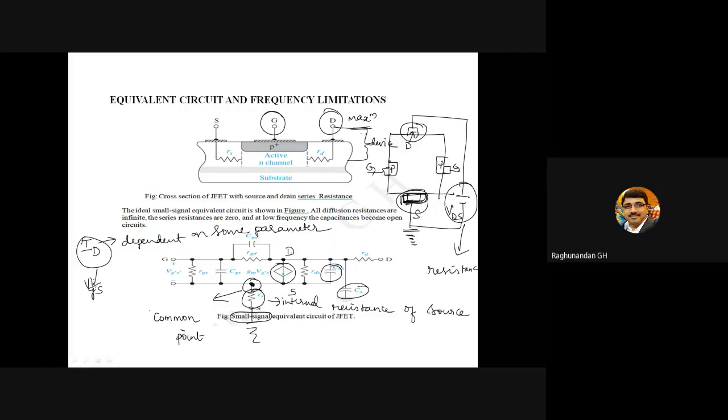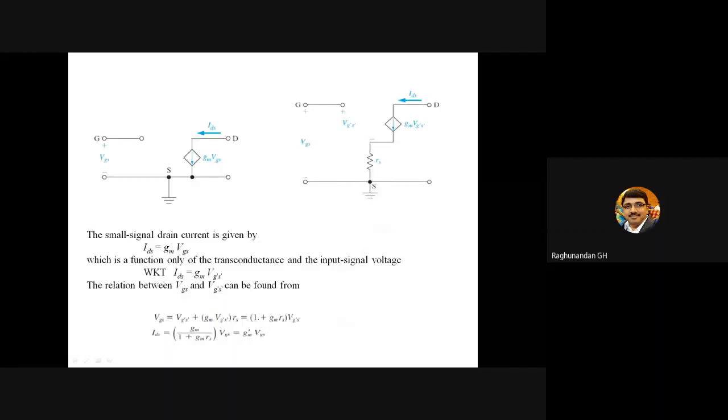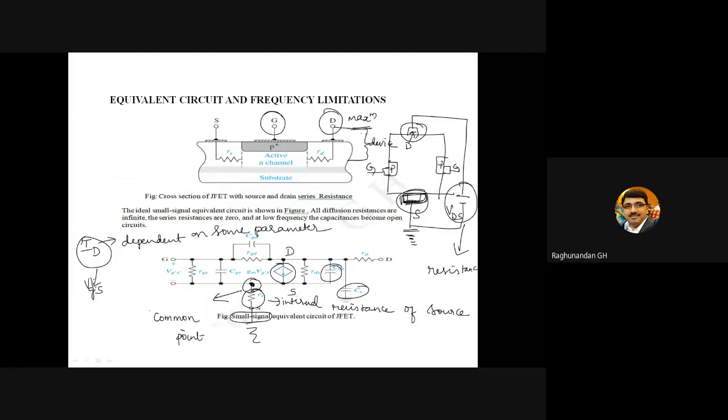When you are considering small signals, this circuit will hold good. But when we consider the ideal case, I told you there is some opposition offered internally. So we have RGS, CGS, RGD, RDS, all those things.